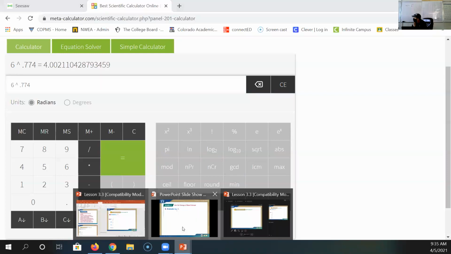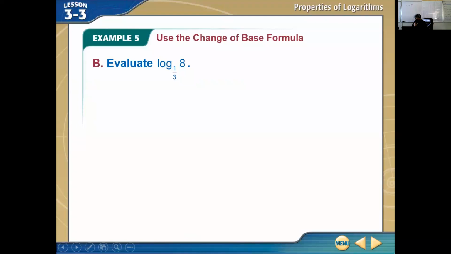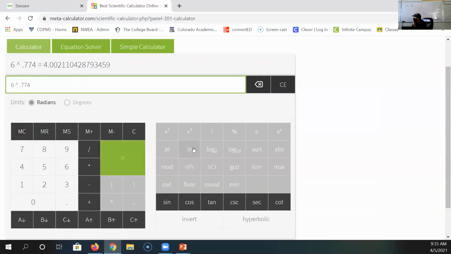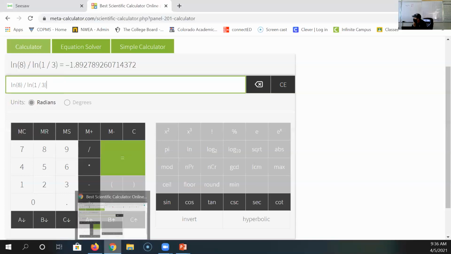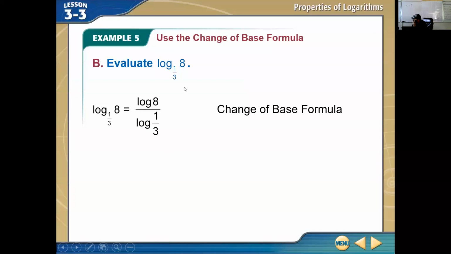The natural log of 8 divided by the natural log of 1/3. You can see I get -1.892, so -1.893. But this is all calculator driven. I just carried it out to that third decimal place.